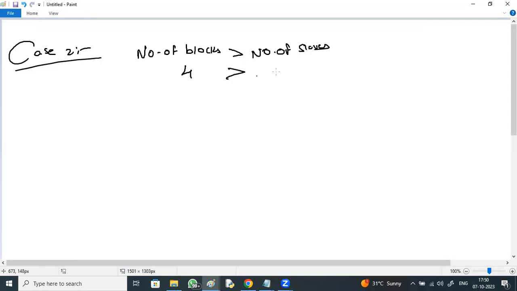Four blocks, 2 slaves: B1, and so on. Four blocks, 2 slaves, S1 and S2.